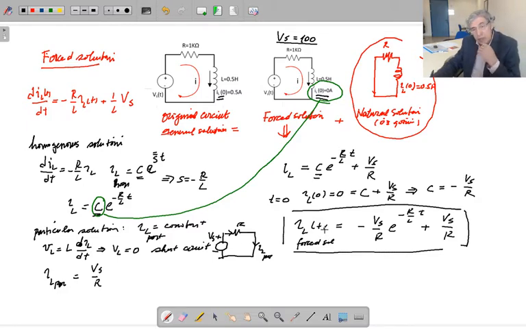Where can we use it physically, this forced solution? You can say that if the original circuit is given to you like that, you can divide this solution into two other solutions' summation. One of them is the forced solution, which is this one, and the natural solution that we have already found.